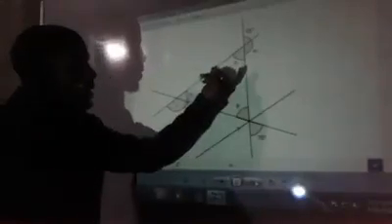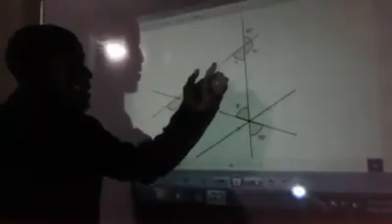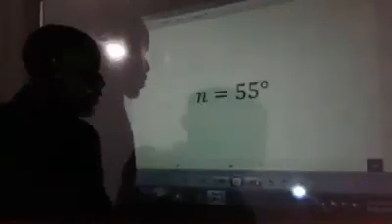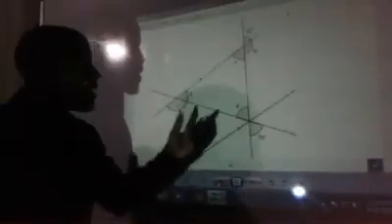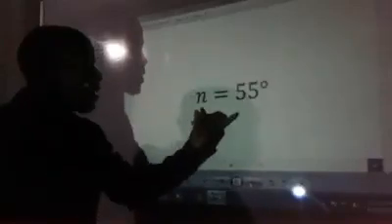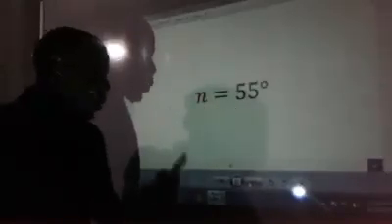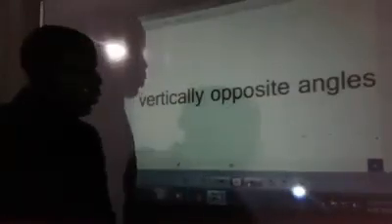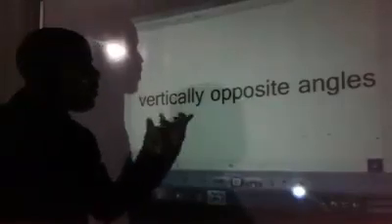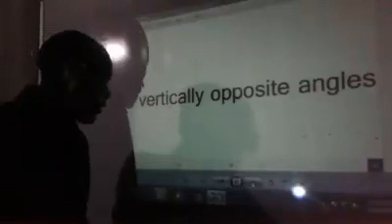Therefore N is 55 degrees. Why is N equal to 55 degrees? Because vertically opposite angles are always equal. You get a mark for that also. So we have given our statement and our reason.